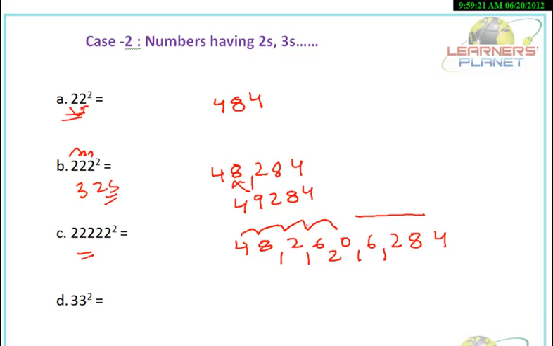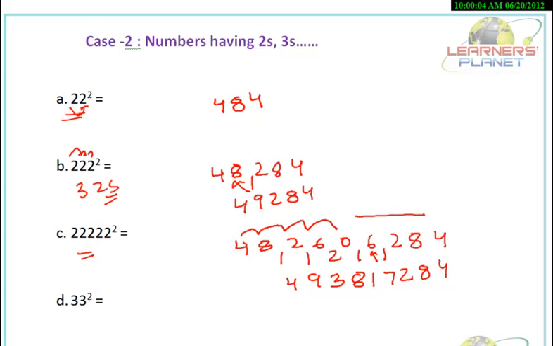So on both sides we observe the same pattern. In the next step, we'll be adding the carryover to the next terms. So it's 4, 8, 2, 1 plus 6 is 7, then 1, 2 plus 6, 8, 1 plus 2, 3, 1 plus 8, 9, and then 4. So what is the square of 22222?